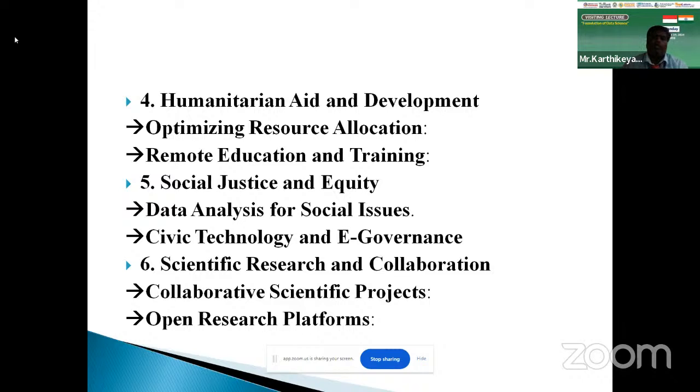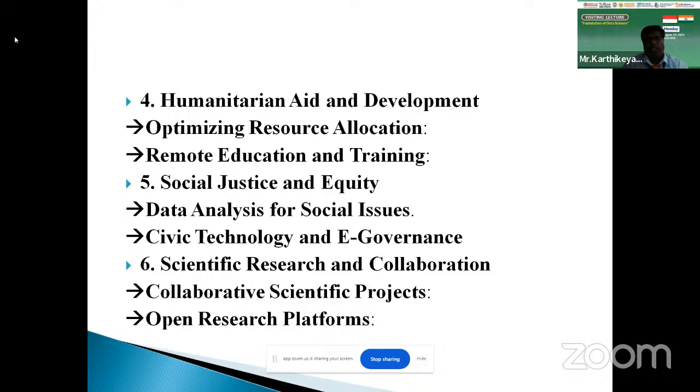And next one is social justice and equity. This social justice and equity follows the topics of data analytics for social issues, and civic technology and e-governance. Actually, data analysis for social issues covers large data sets related to social justice issues such as inequality, crime rates, and demographic trends.